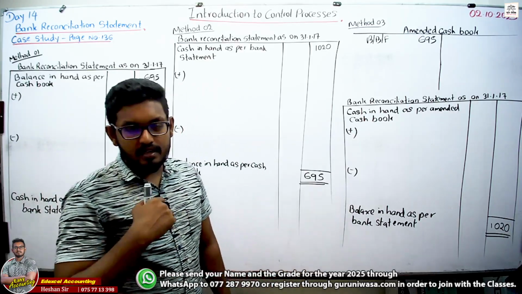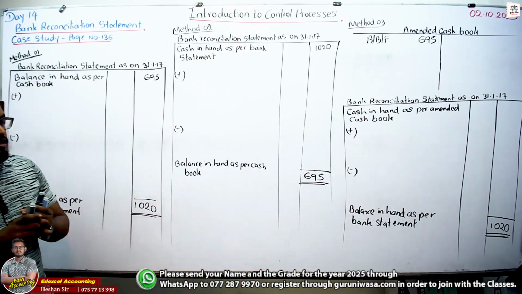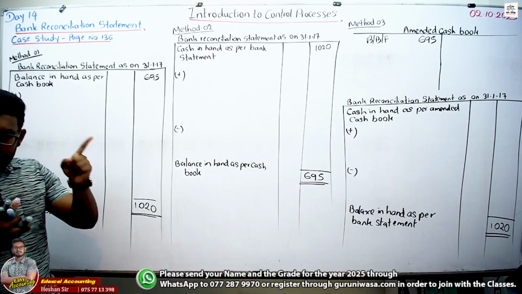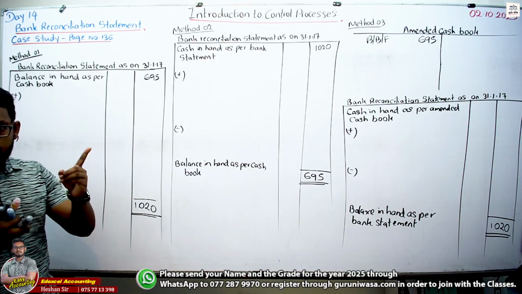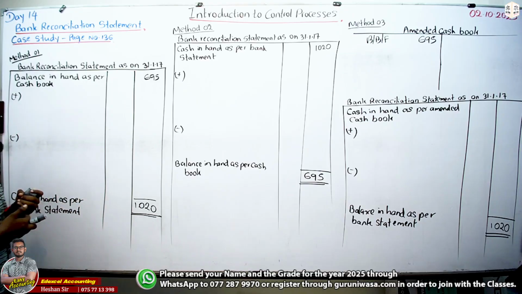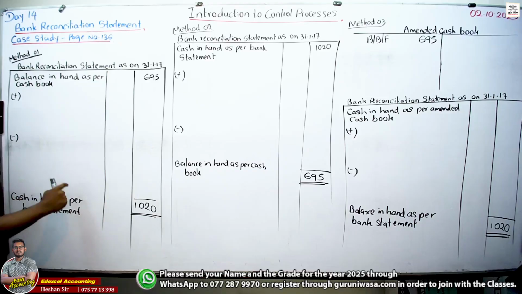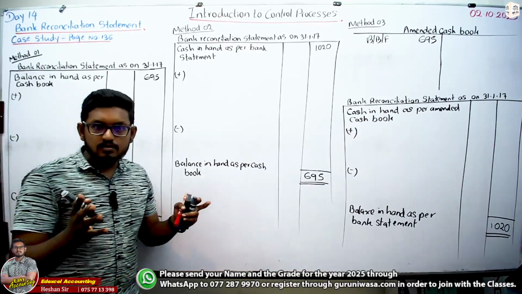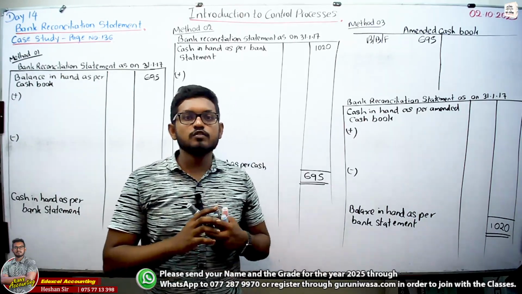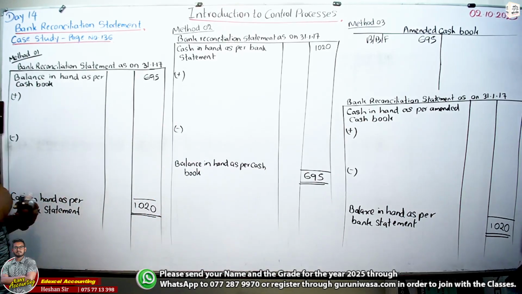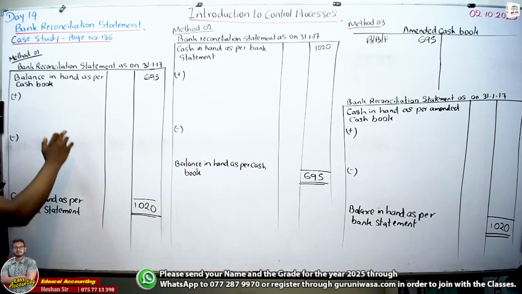Now in here, it appears on the debit side of the cash book, which means we added it in here. Debit side of the cash book means the plus side. So in here, this is 100. But in the bank statement, it's not added. It does not appear on the credit side of the bank statement. It means that is the 90.